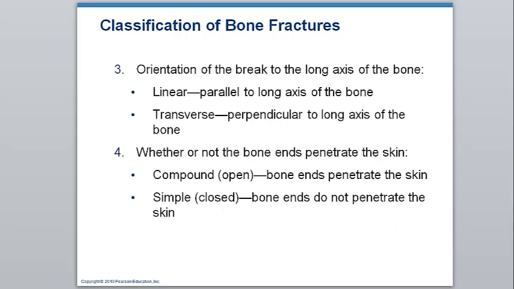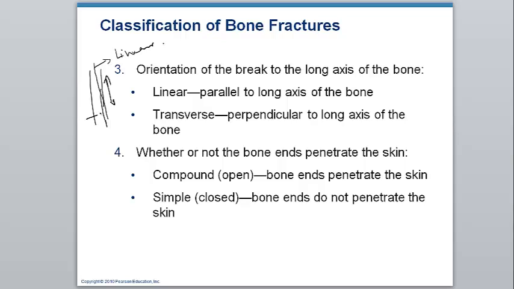Then the orientation. These are all classifications of bone fractures, right? So let's take a bone right over here. If the bone cracks this way, along the long axis of the bone, parallel to the long axis, it's called linear.